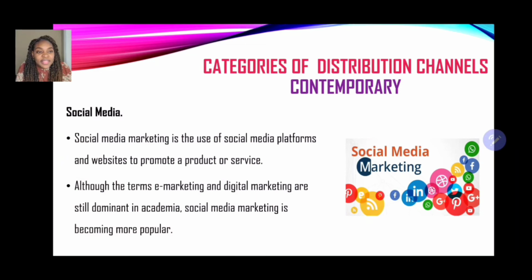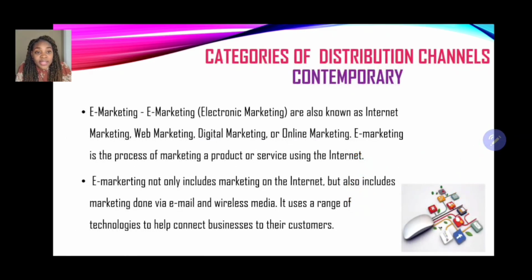So you may think of these sites, you may think of even Facebook. You may think of Instagram, where persons have their business pages and they will market their product, right? Now, e-marketing or electronic marketing is also known as internet marketing, web marketing, digital marketing, or online marketing.